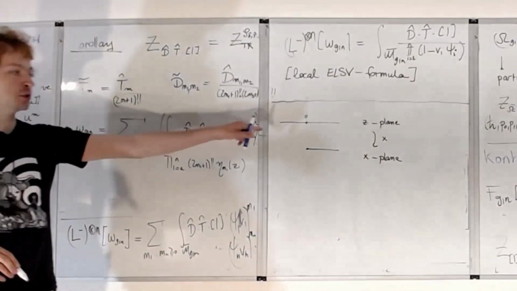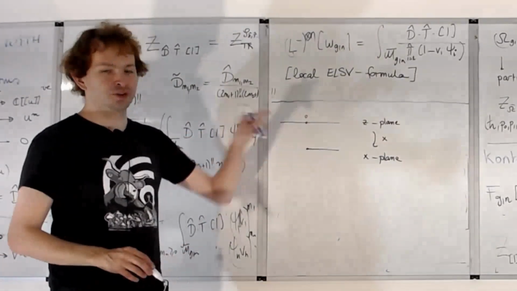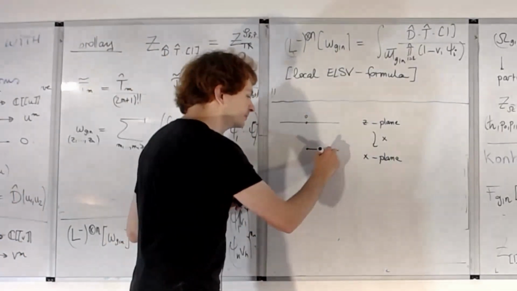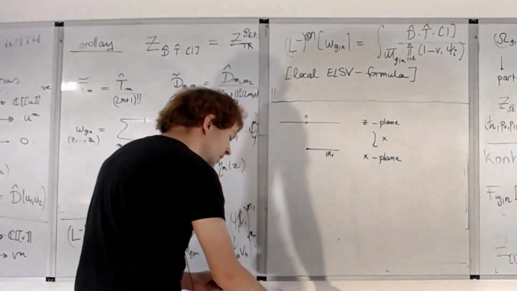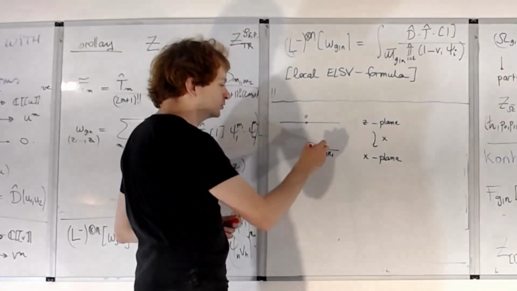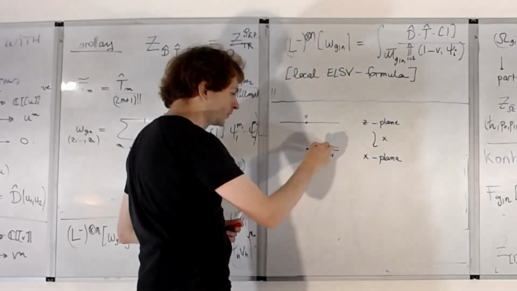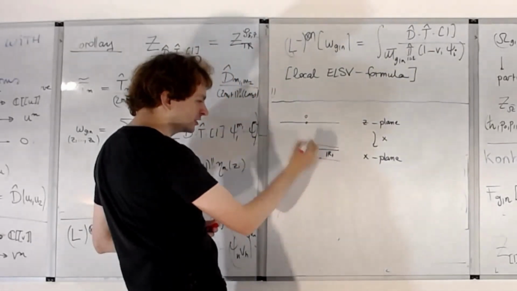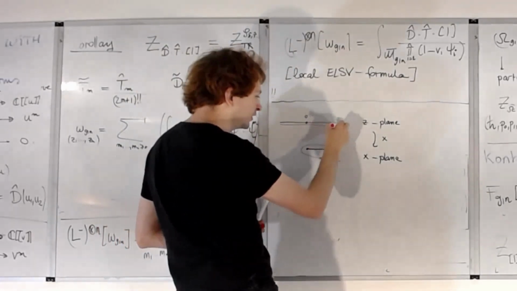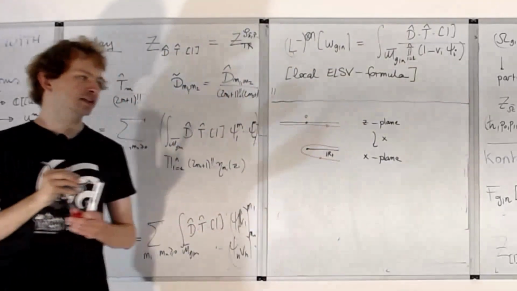So the line I drew is the preimage of the real positive axis. And I'm going to consider the following contour. I want it to be in positive orientation, so if I didn't do anything wrong, it is like this in the z-plane.